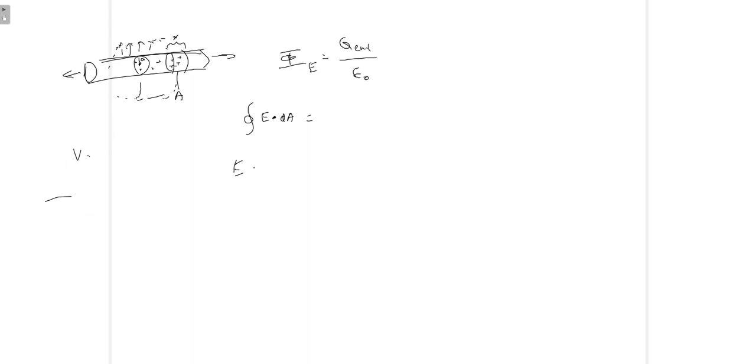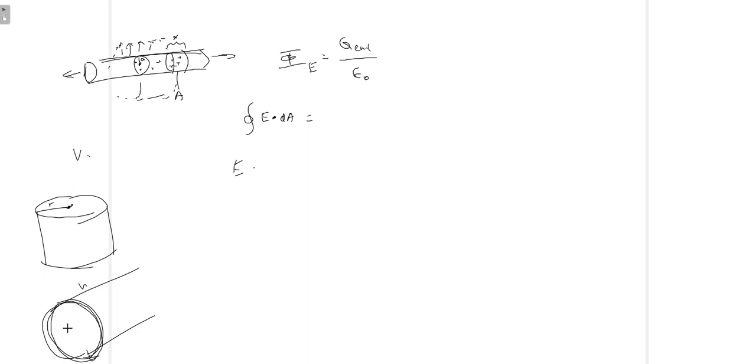If you think about the surface of a cylinder, let's say this is r. Surface area of a cylinder is basically the circumference of the circle times the height of the cylinder.